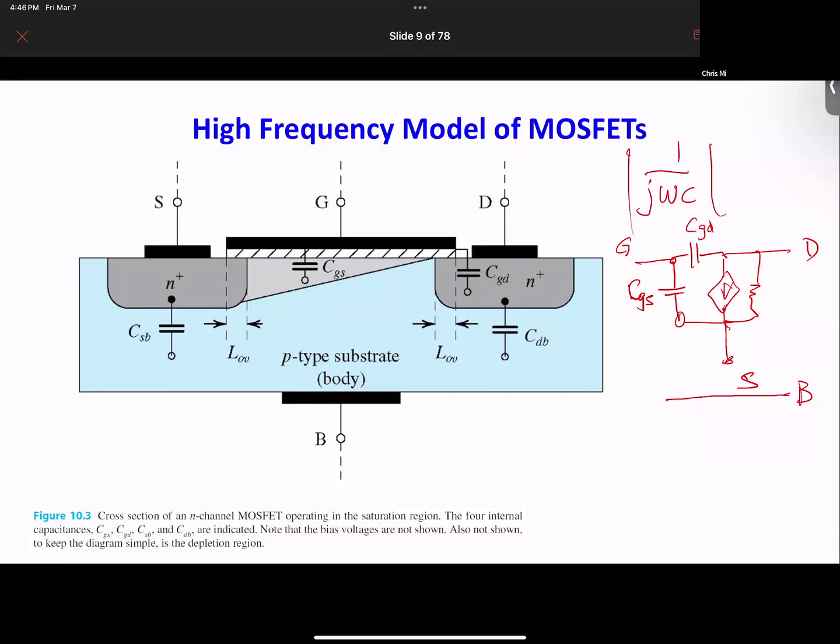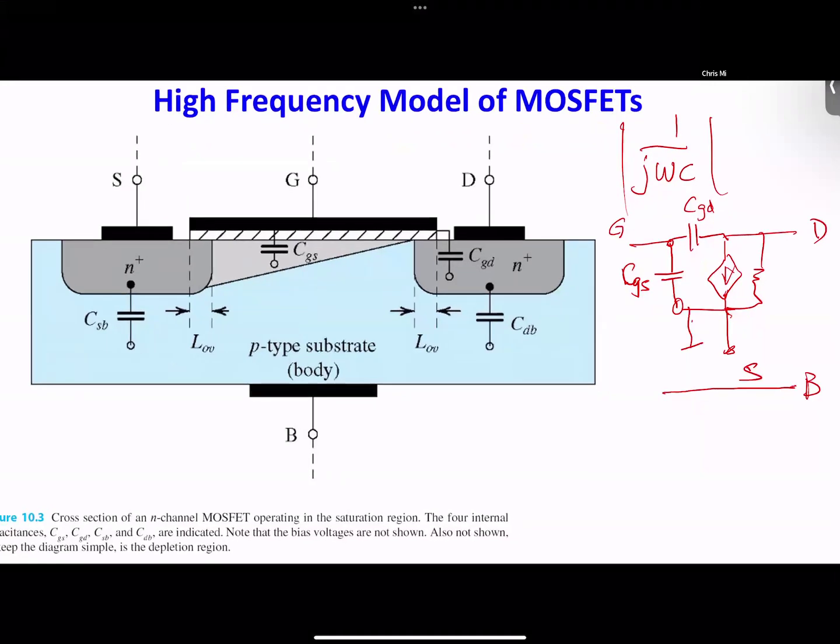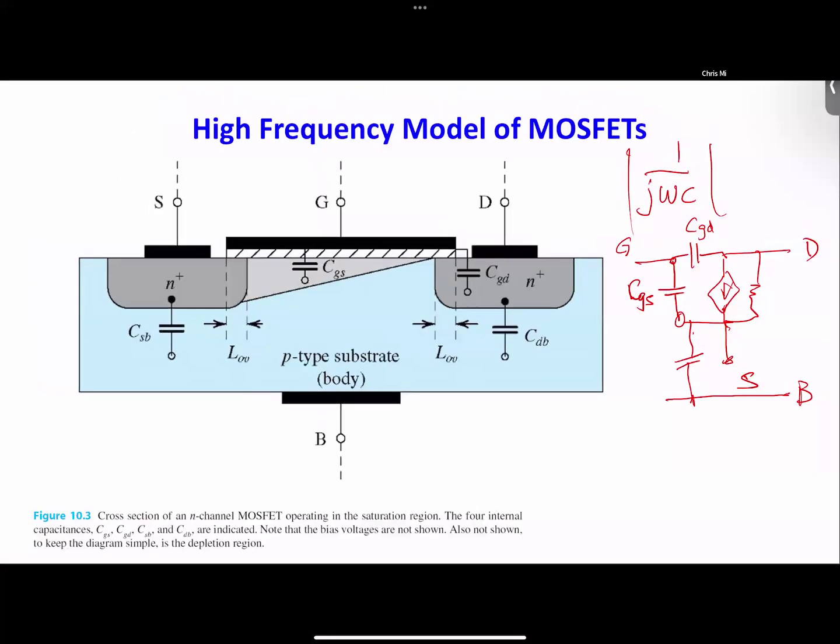Okay, so once you have the body, you will find out CSB is source to body. So source to body, we have this one. Okay, and then from drain to body, we get this. We got another two capacitors.